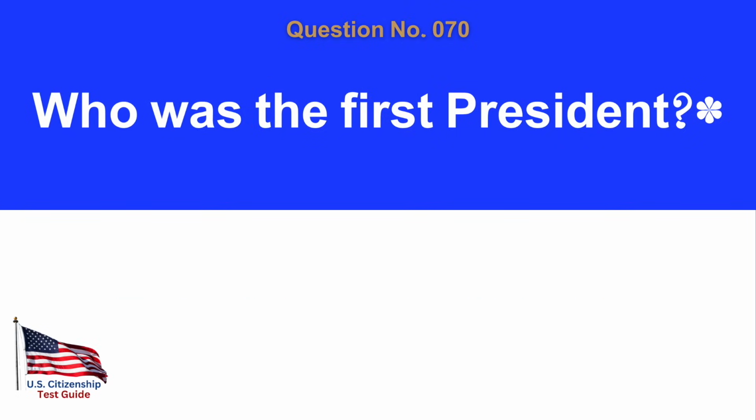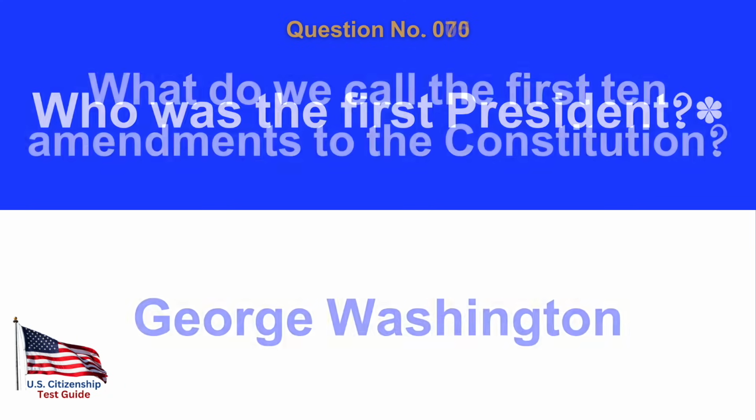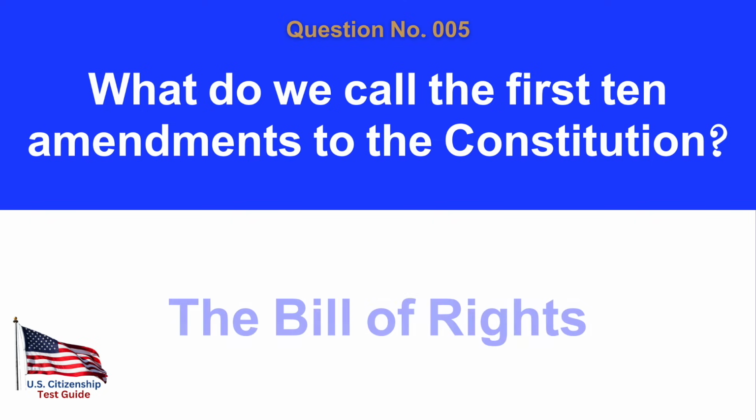Who was the first president? George Washington. What do we call the first 10 amendments to the Constitution? The Bill of Rights.